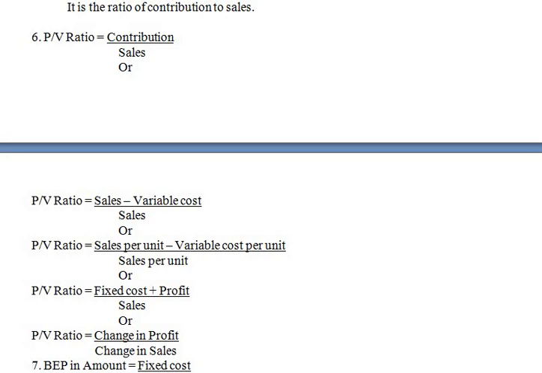Here we have simplified the contribution. Another formula is PV ratio is equal to change in profit divided by change in sales.